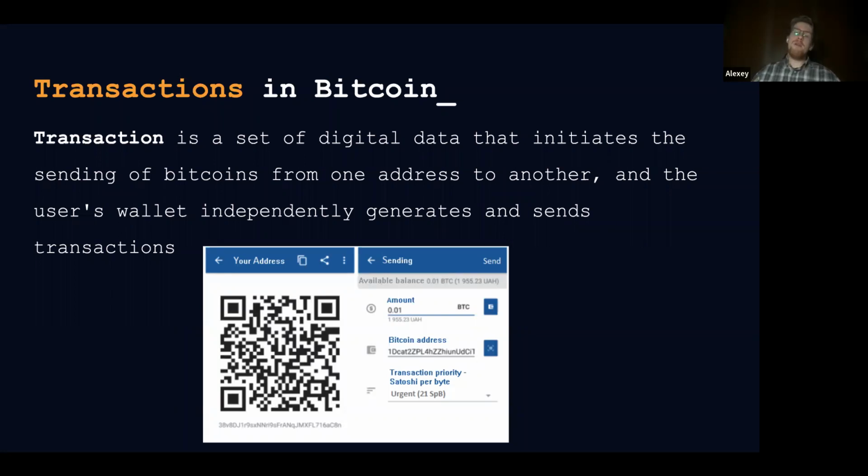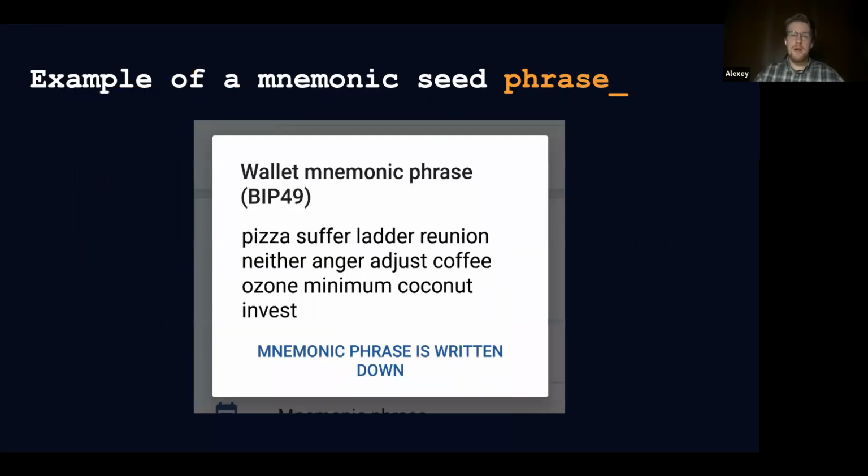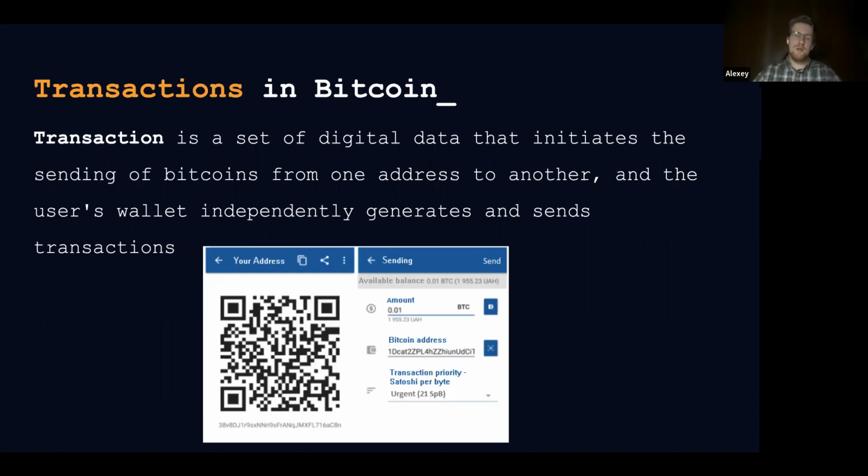So whenever you want to send a transaction, you can imagine it as a paper check. We should have it on the next slide, but let's not rush too far. So you have a paper check, you fill it with the information, you put your signature on it, which is important, because otherwise, how would you prove that you are really the initiator of this transaction, and you send it.